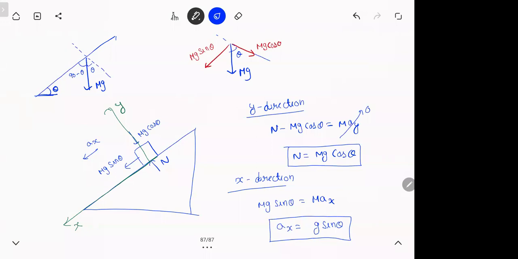Done. Next one. Last one. So 45 degrees, we have a block here. This is 10 meters. It is smooth, so it will just slide.